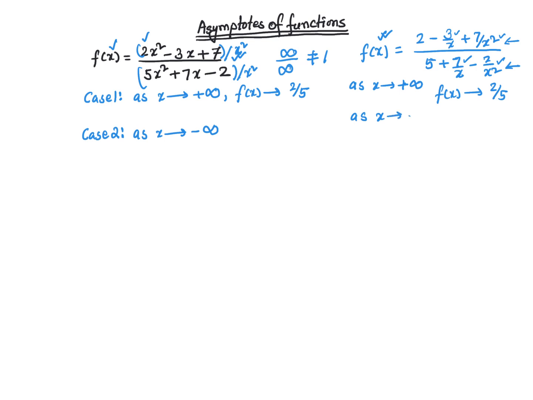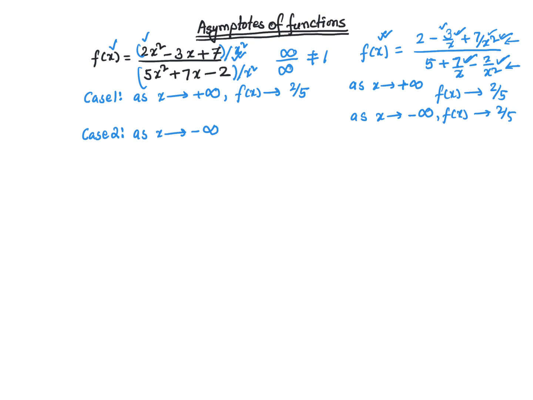Again, f of x is going to approach 2 over 5, because it doesn't matter whether x goes towards positive infinity or negative infinity. 3 over x goes to 0. 7 over x square goes to 0. Then in the denominator, 7 over x goes to 0, and 2 over x square goes to 0 as well, as x goes to negative infinity.